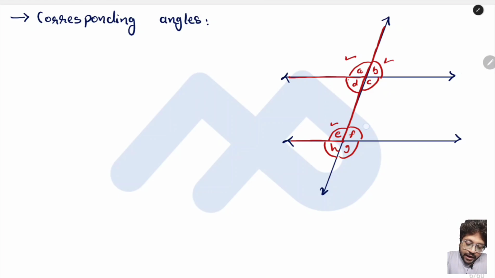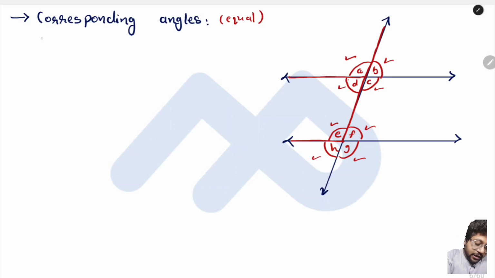Similarly, B and F are also at the same position. Similarly, C and G are corresponding and D and H are corresponding. A pair of corresponding angles are equal to each other. So I can say that angle A and E are equal, B and F are equal, D and H are equal. Similarly, C and G are equal.